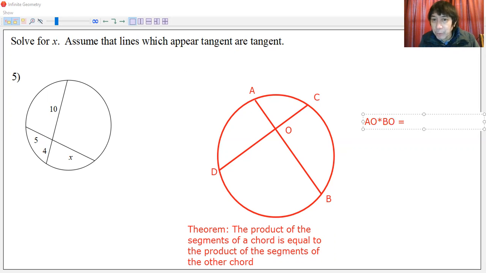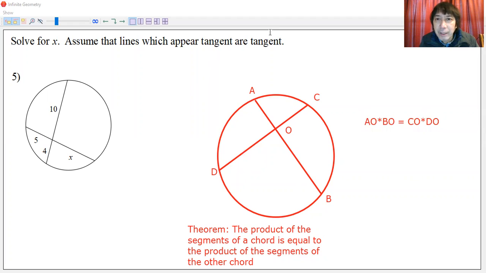And that's equal to the product of CO times DO, which is actually the product of the segments of the other chord. So if we're going to explain this, it goes like this.